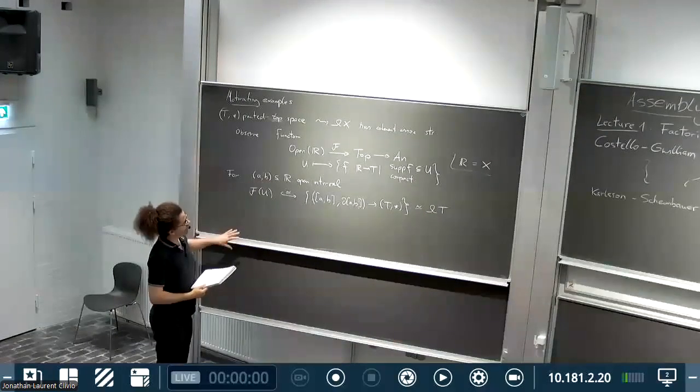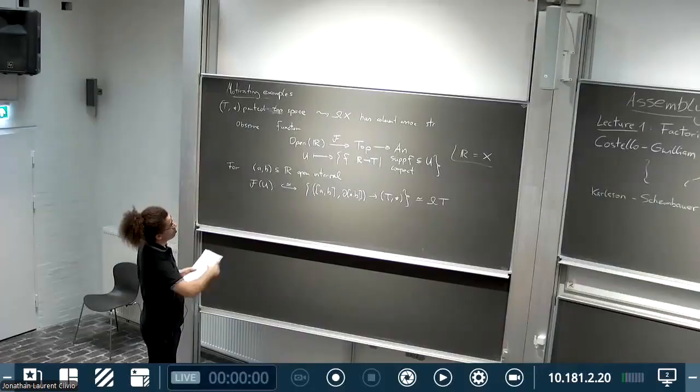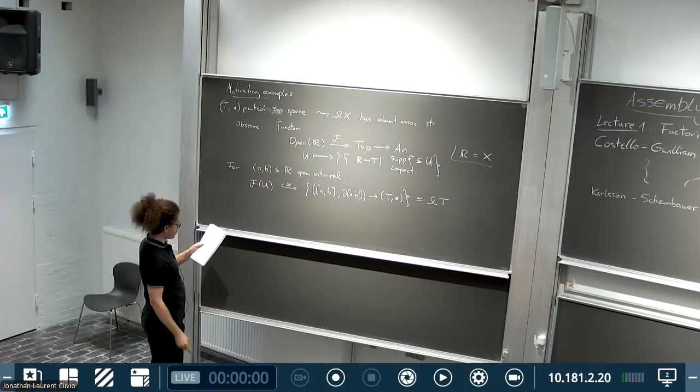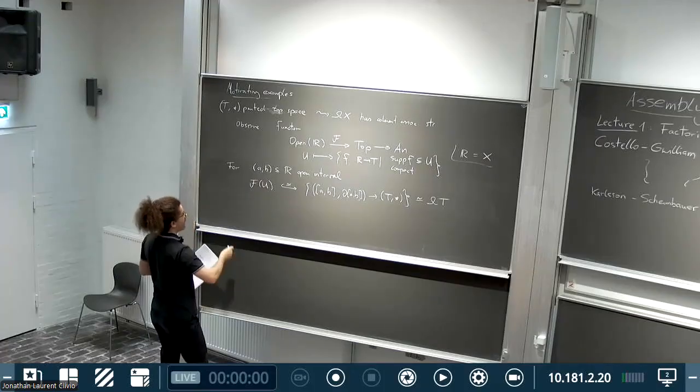But this was true for every possible interval. And so from the data of this functor F, we in fact see a lot of the coherent structure of this omega x.